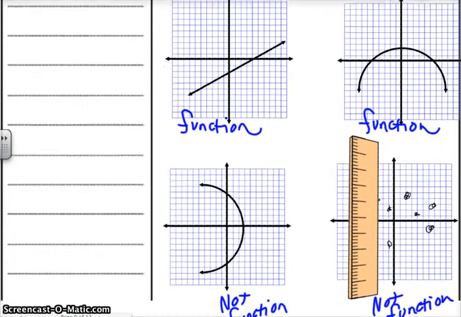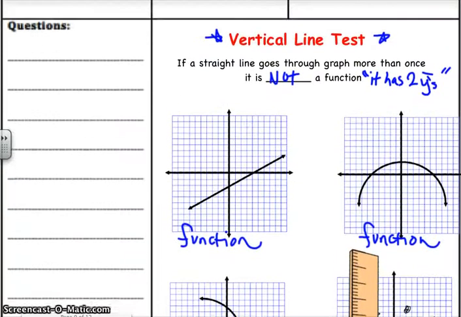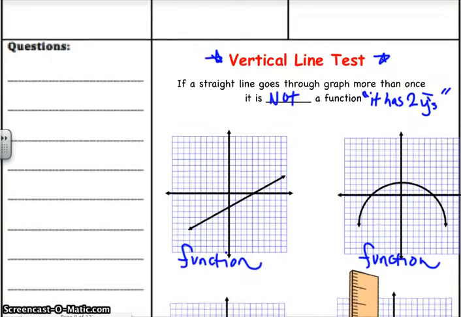So let's just make a little T-chart. And I want you to write function in just a little line, because it's going to be one rule. Function and not a function. If it's a function, the vertical line goes through one time.